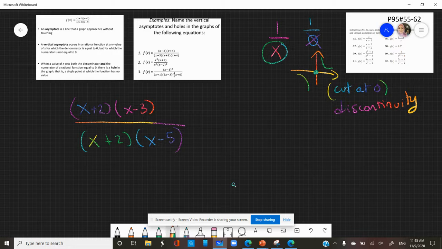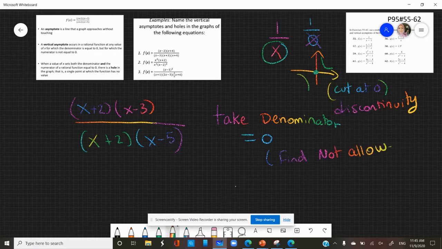Similarly, when we need to find a vertical asymptote, this is the process. We take the denominator and equal it to 0, because we want to find the not allowed values, those values that create a problem. An advantage here is that my denominator is in factored form.